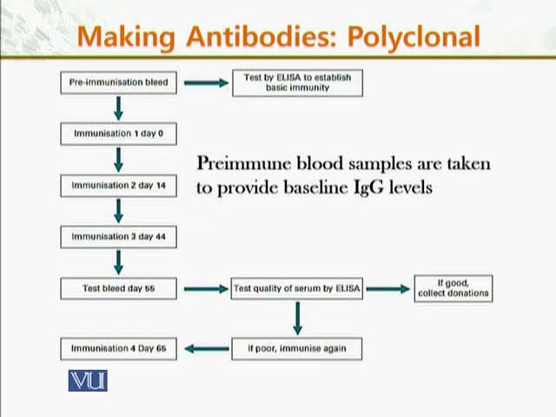The third is after 44 days, and after 60 days, a test sample is taken, and then the quality of the serum is tested by ELISA. If it is good, then the immunoglobulin or the antibodies are screened. If not, the process goes back to the immunization of the animal up to 66 days.